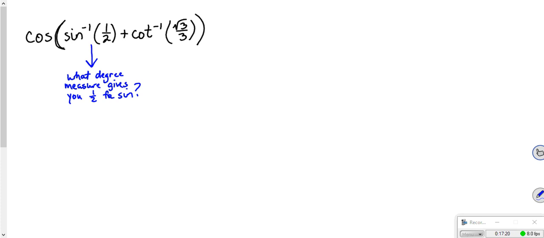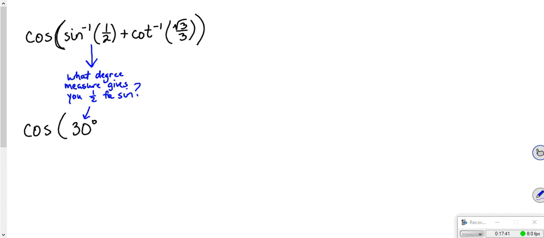That would be 30 degrees. Remember, sine is your y-axis. So that first part, we got 30 degrees.